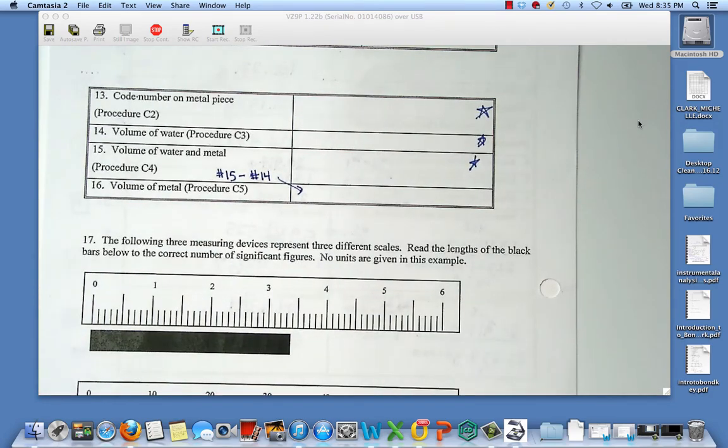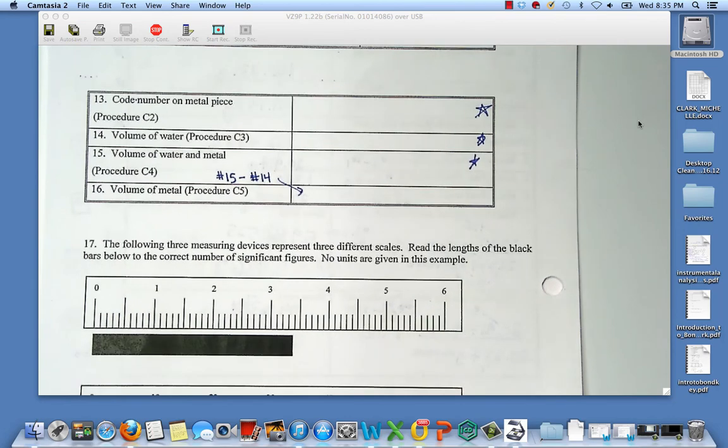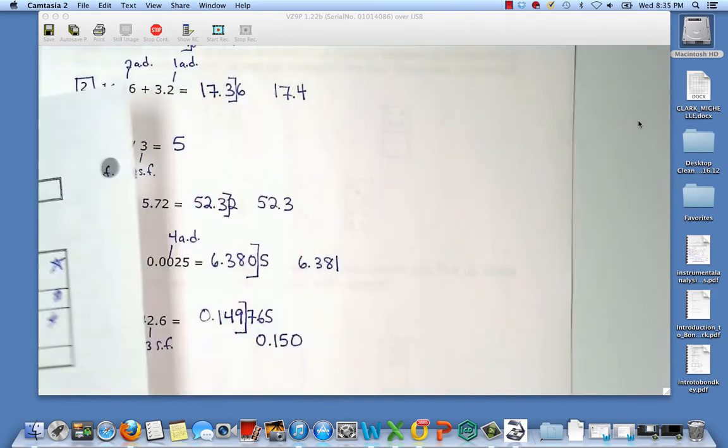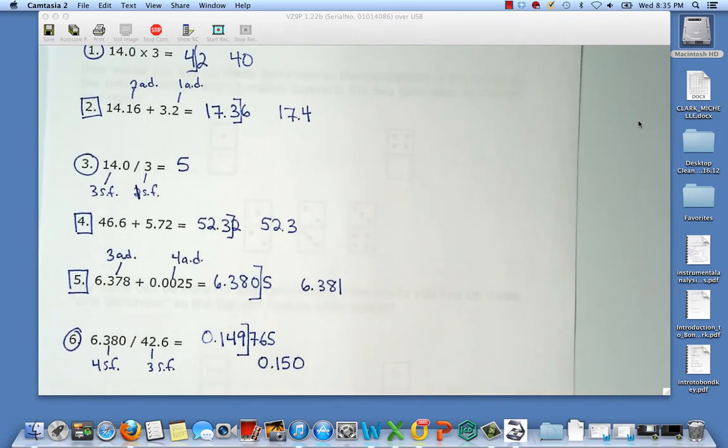When you subtract, what do you have to look at? After the decimal. Right, after the decimal is what you have to look at.